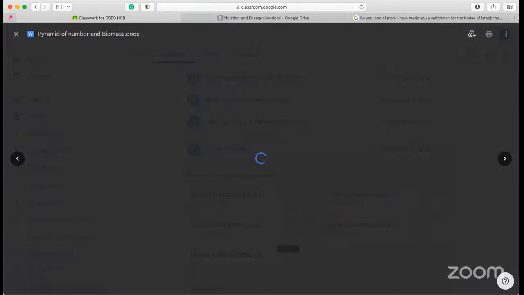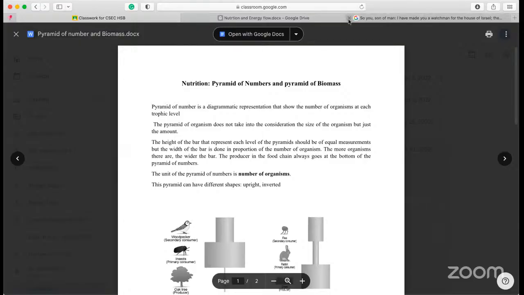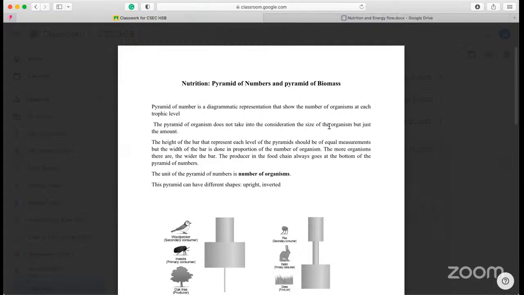So far, we looked at the pyramid of energy already. All right, so we have two more pyramids to do, and we finished. So this is going to be a short recording, right? Very short. So we did pyramid of energy.